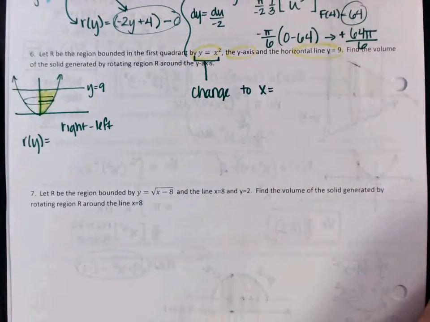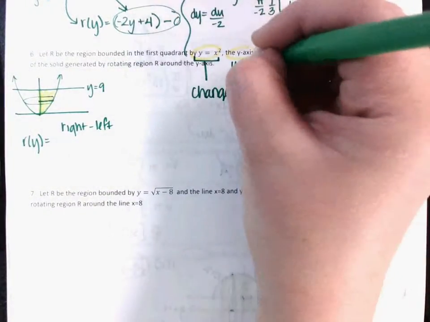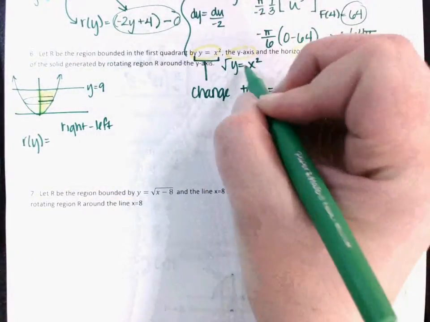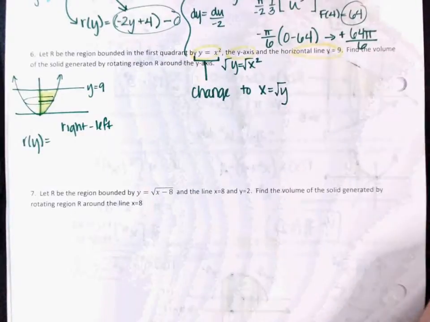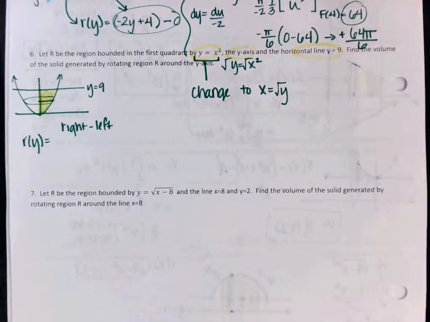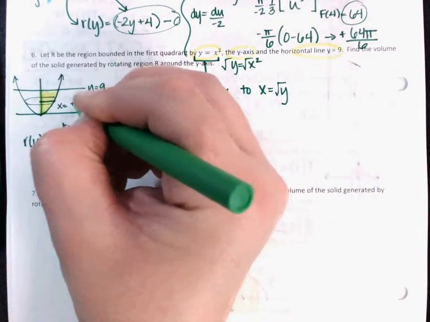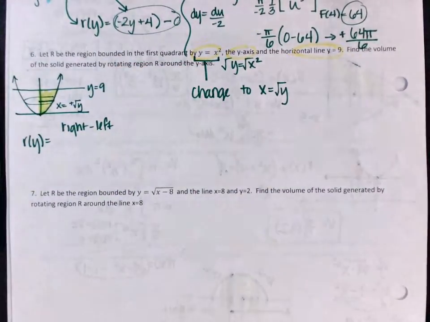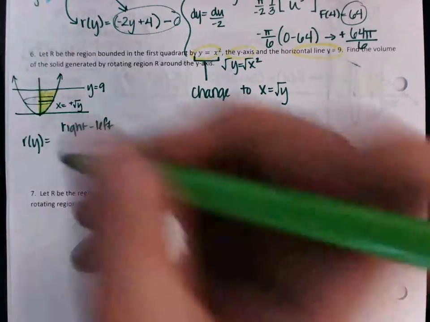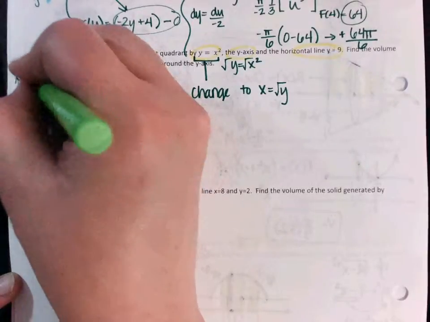So if it's y equals x squared, then what does x equal? Square root y. Now technically it's a plus or minus, but since I want this one over here, this is going to be positive square root y. And so now when I do right minus left, my right side is square root y. What's my left side?